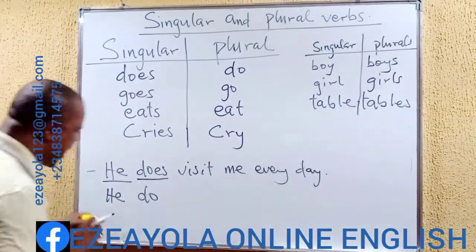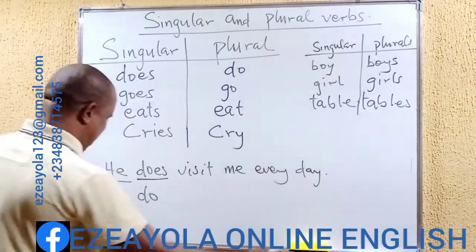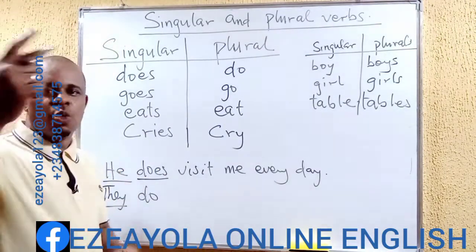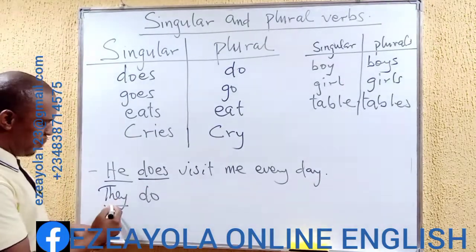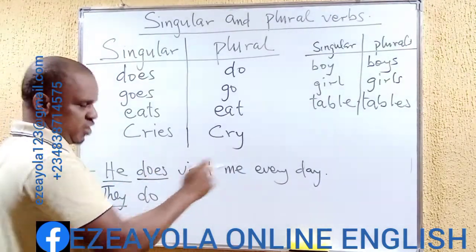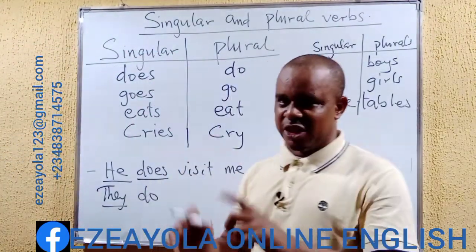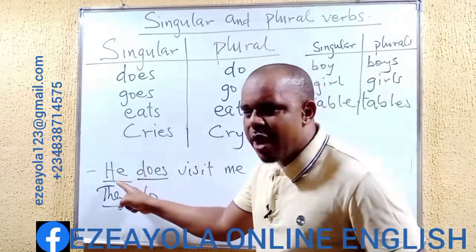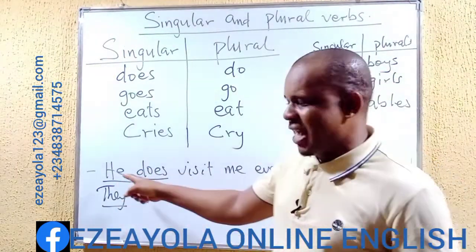But then you say they do. Now, when they here becomes the subject, that means the they here is representing more than one person. It could be 2, 3, and above. So you then say, they do. And it would be very wrong to say, they does visit me. So in our rule of concord, which in the long run we shall talk about in detail, we must take note that verbs must be blended or must agree with their subjects.